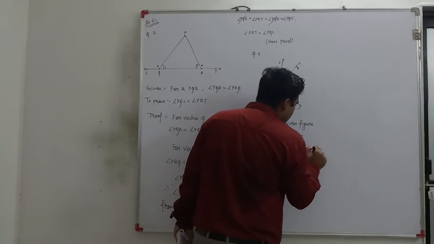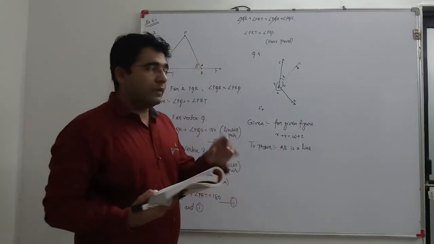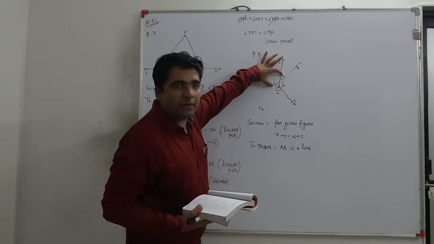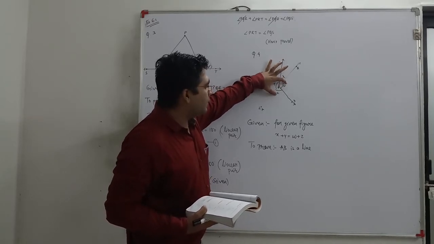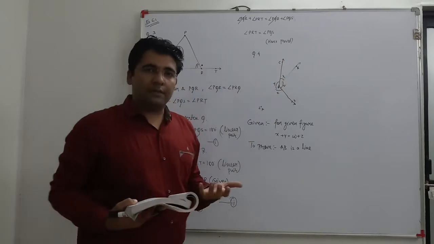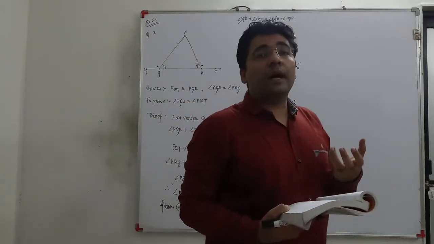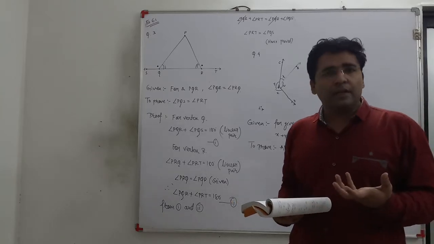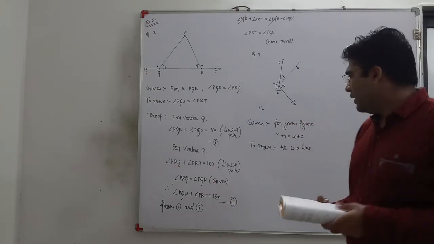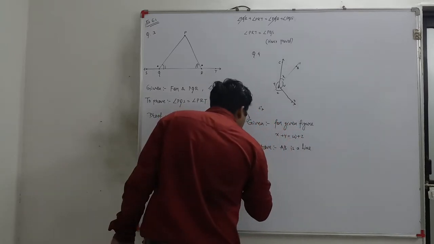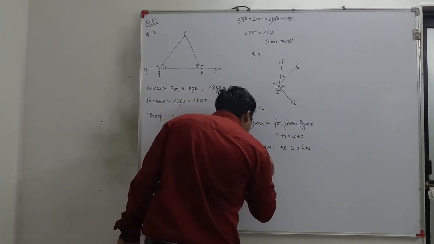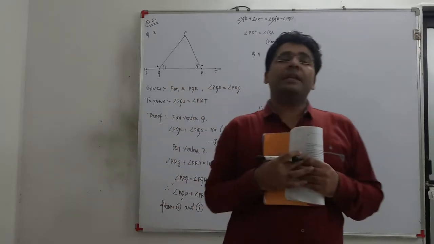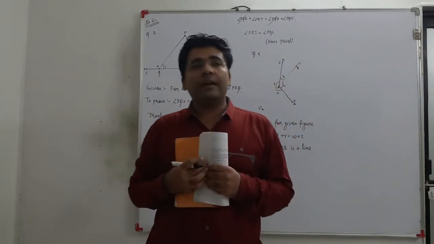To prove AB is a line, I can prove that X plus Y is equal to 180 degrees, or I can prove that W plus Z is equal to 180 degrees. Once I prove that any one of the pair is 180 degrees, then this forms a line. So how to prove that? Before this proof, there is a complete angle. What is a complete angle?